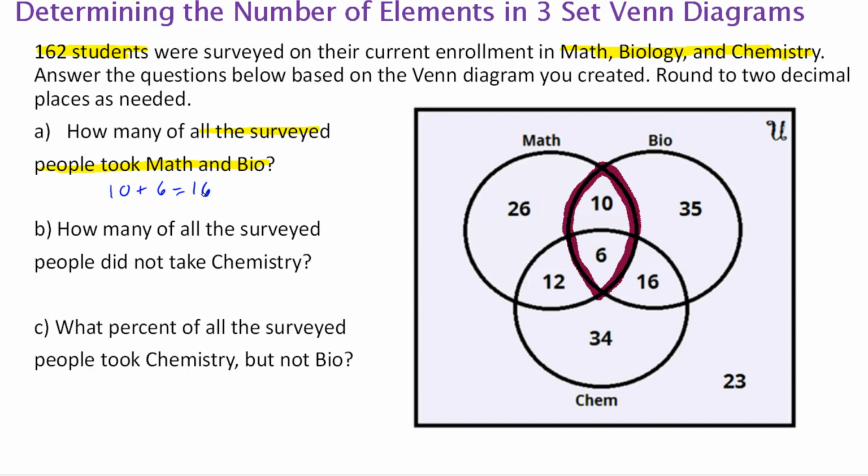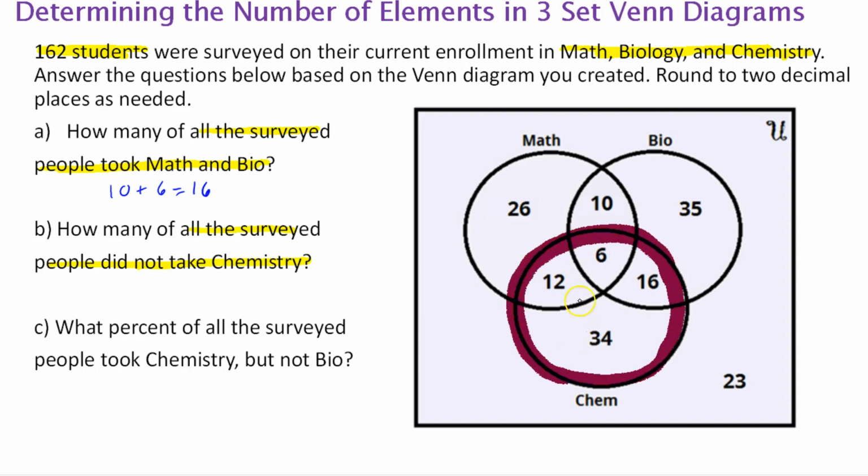Okay. Next, we're asked, how many of all the surveyed people did not take chemistry? So let's look at our diagram. And let's circle chemistry, and because we don't want chemistry, we'll cross out all the chemistry values.